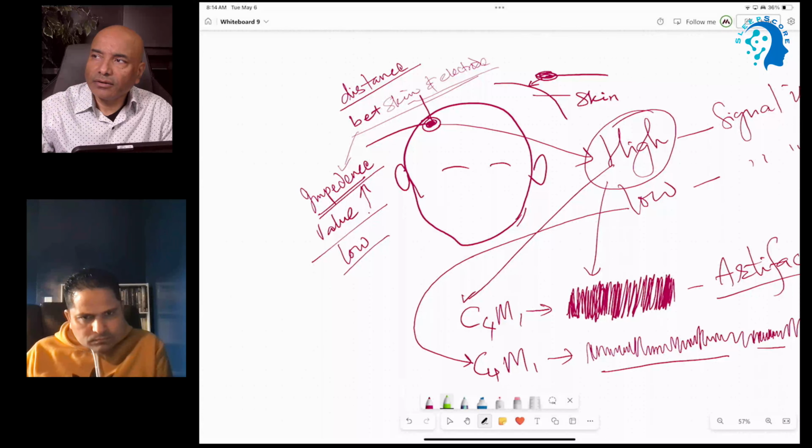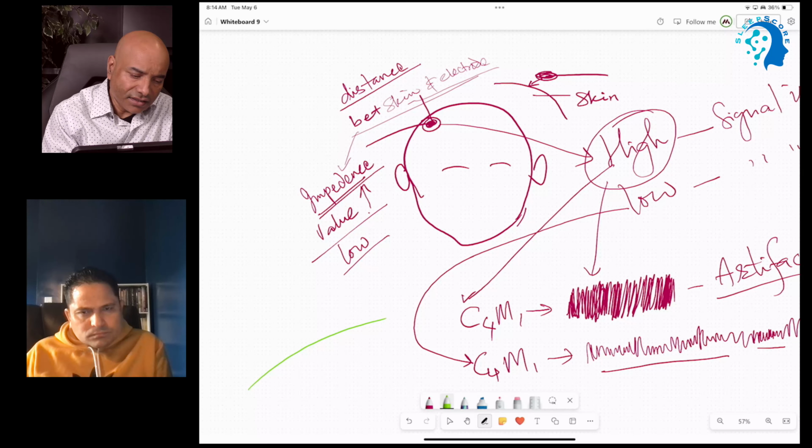Because if the impedance value is high, the connection between the electrode and the skin is not very good. The value is the distance between the skin and the electrode.